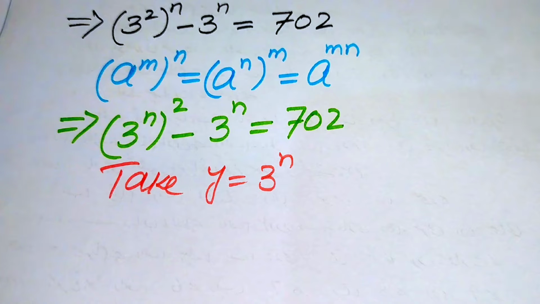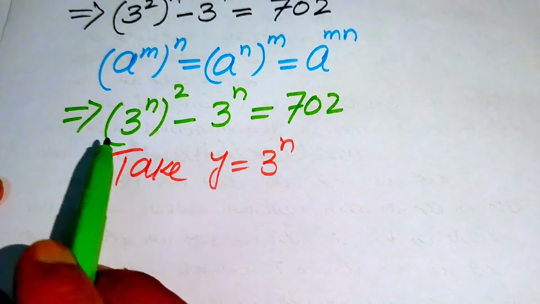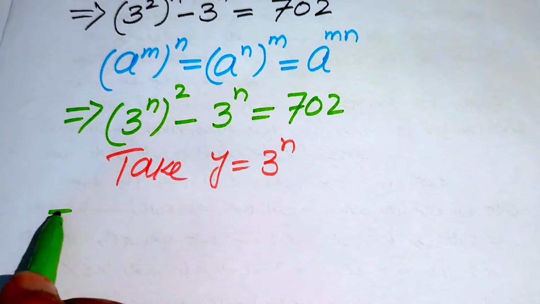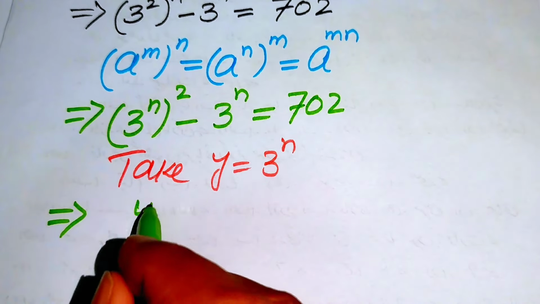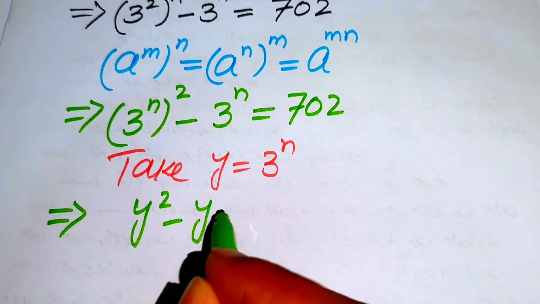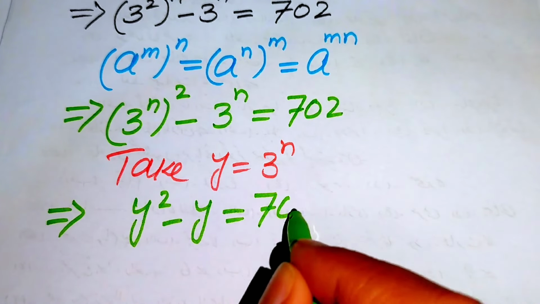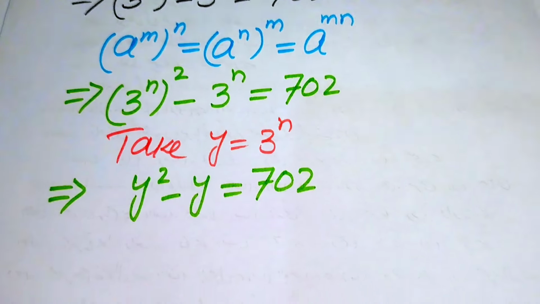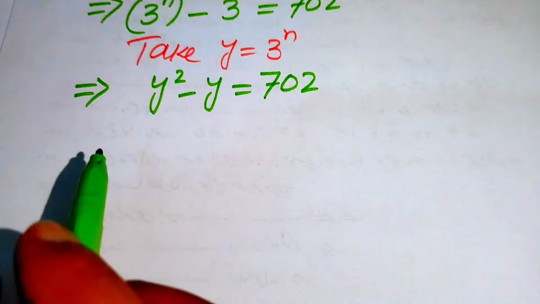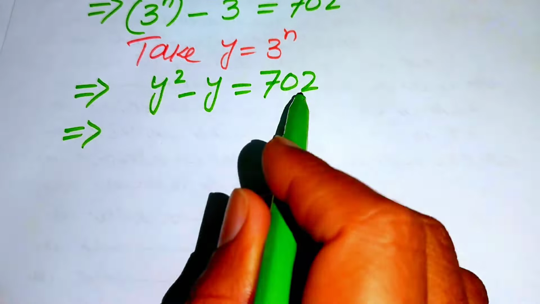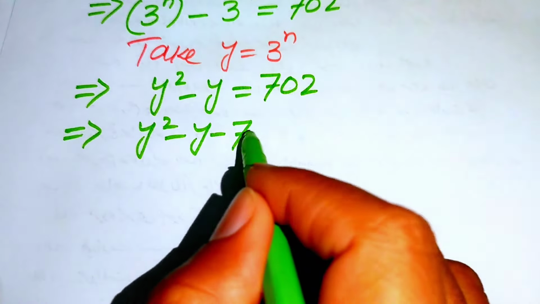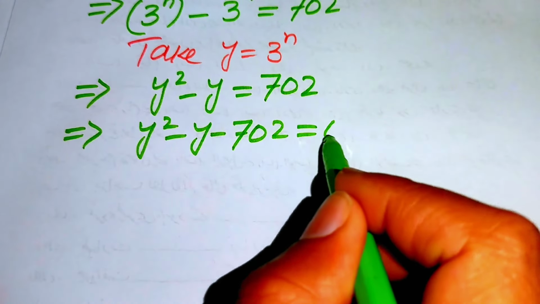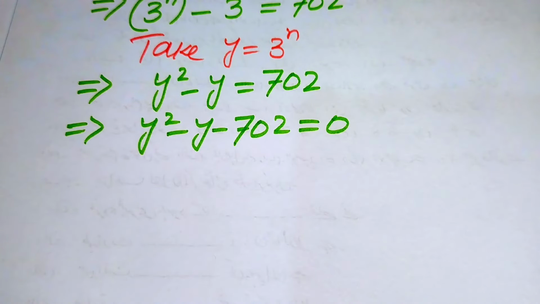When we substitute, we get y squared minus y equals 702. We move 702 to the left hand side and write y squared minus y minus 702 equals 0.